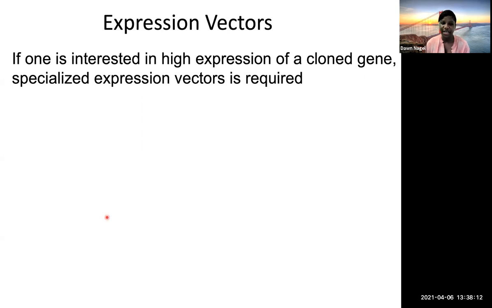Or for genes that might be highly expressed. So if you're studying a human gene that's highly expressed, yes, you can probably clone some of it in bacteria. You might be able to get some level of this gene being amplified, but in many cases, you would need a specialized expression vector, okay? And that's what's required.